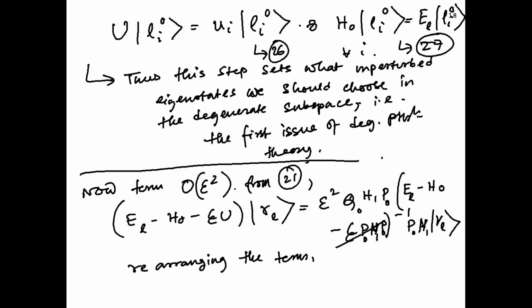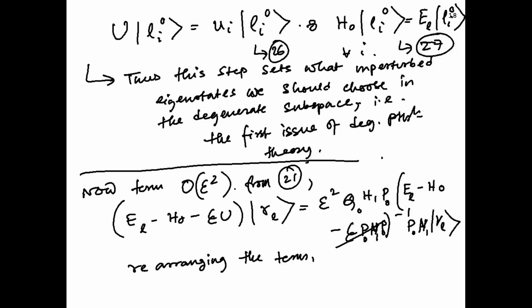I introduced this notation L_i naught, which is basically the eigenstate of the effective Hamiltonian U with eigenvector U_i, and I discussed that this is also the eigenvector of H naught, because at the 0th order it is simply a linear combination.